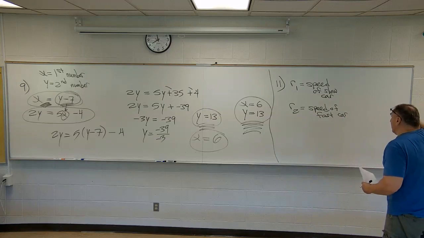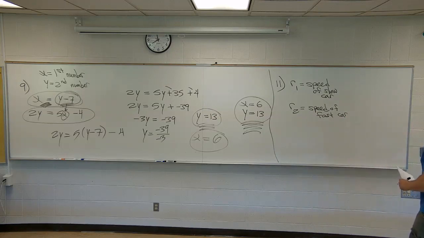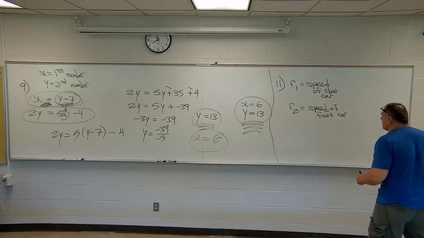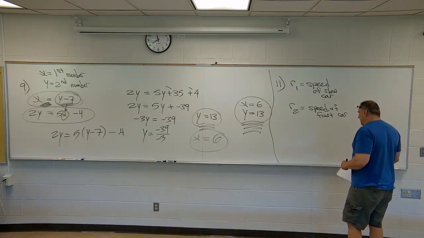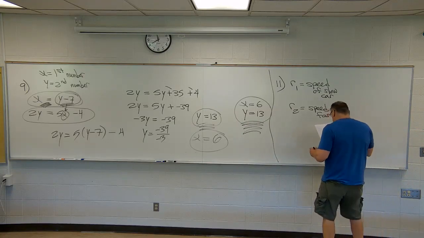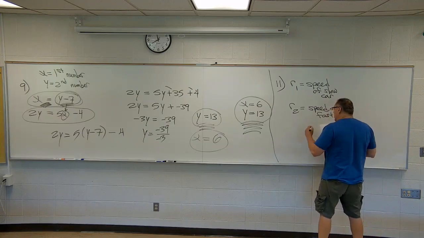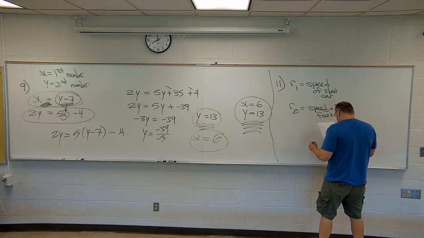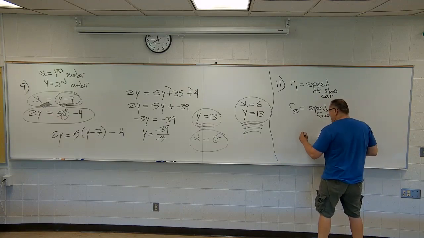R1 equals speed of slow car. R2 equals speed of fast car. Sounds good to me. 5 hours is 5 hours. The slow car went 230 miles.